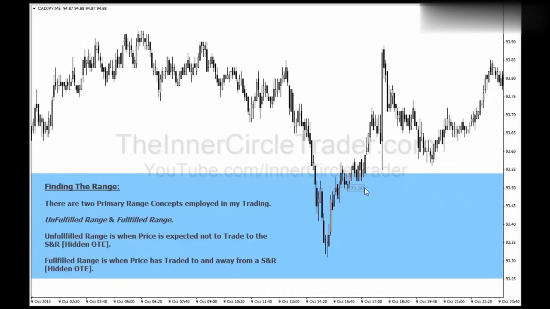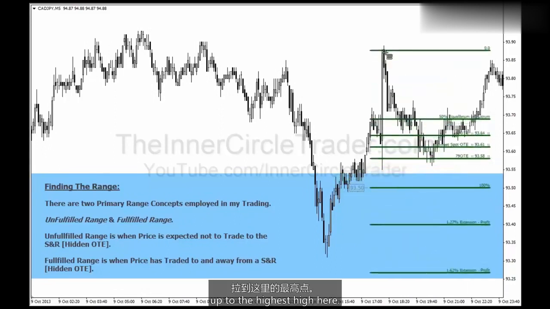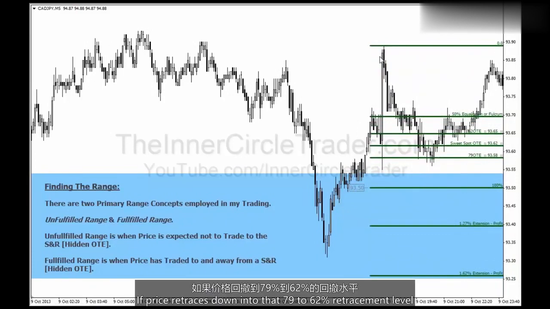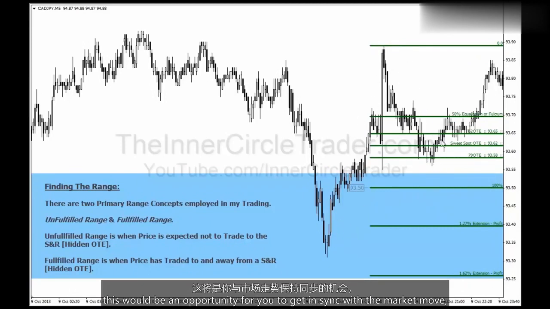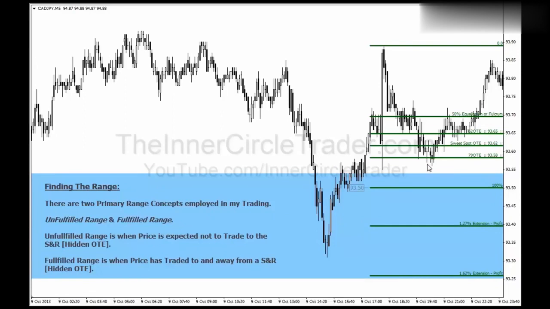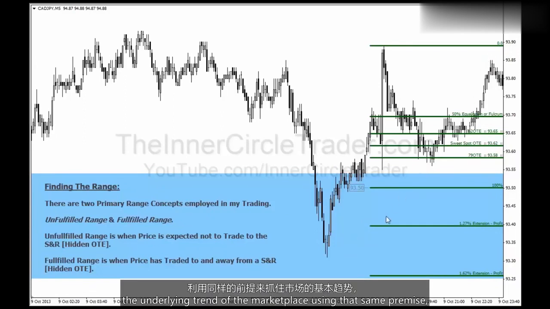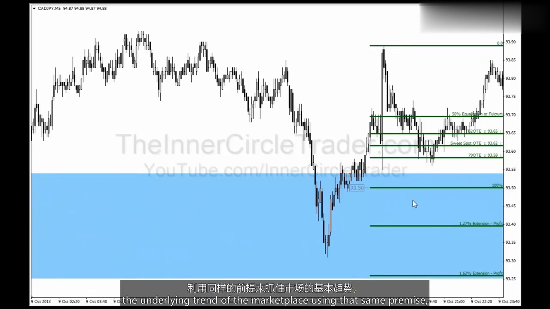Okay, right in here. And notice how we have price rally up down here. If you take your fib again, anchor it right on that level, and you're going to pull it up to the highest high here. If price retraces down into that 79 to 62% retracement level, right in here, because we're moving out of the order block, this would be an opportunity for you to get in sync with the market move and catch the underlying trend of the marketplace using that same premise.